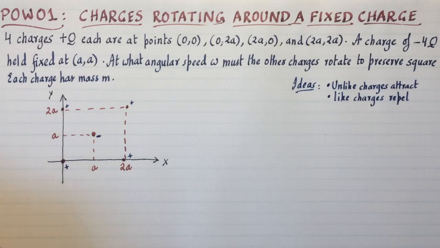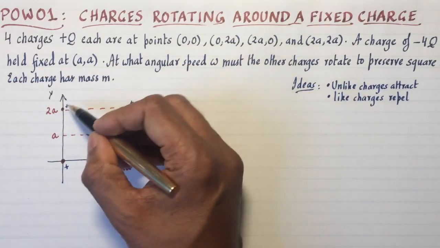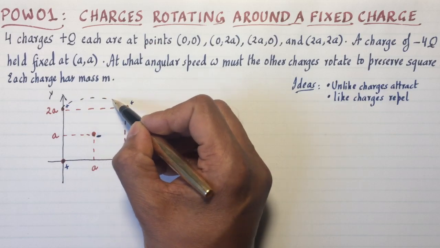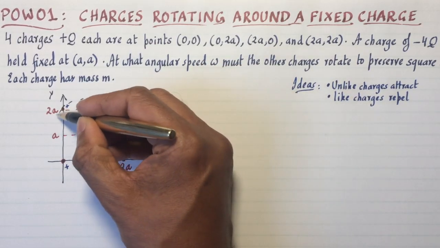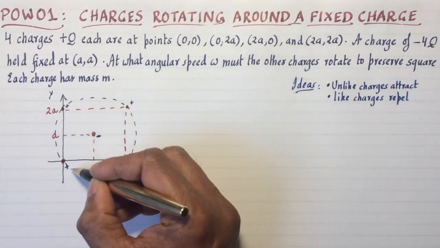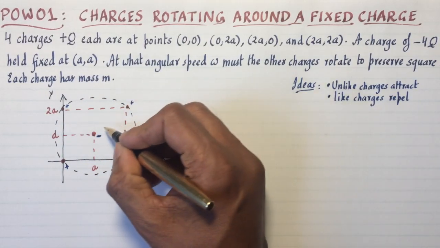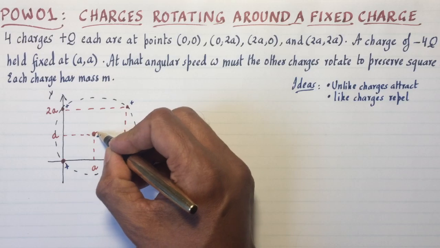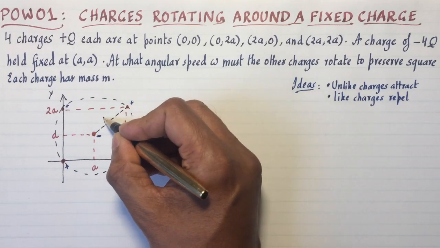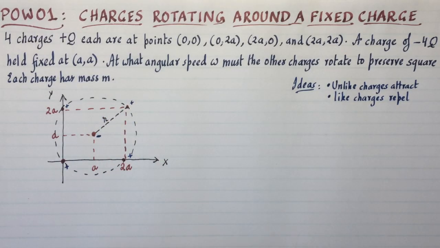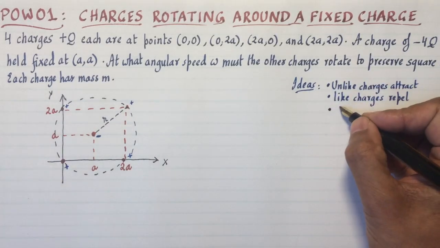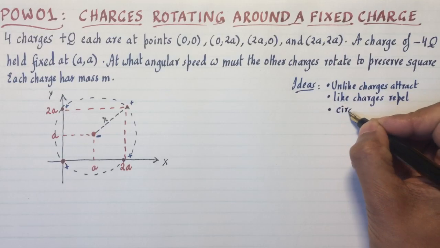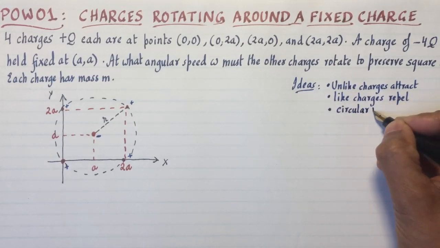Now, the moment you have rotation, you have some ideas from UP1. So if these charges are moving in a circle, that circle has a certain radius. Let's call that radius by the symbol R. And so you get some input from UP1, circular motion dynamics.